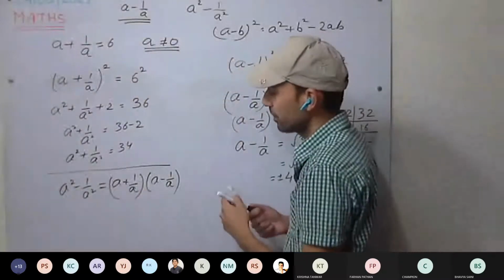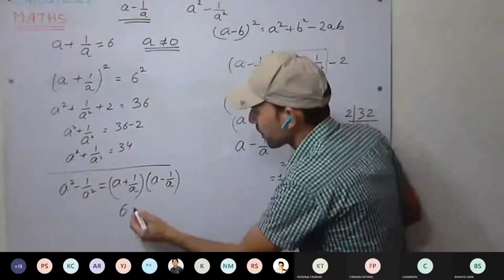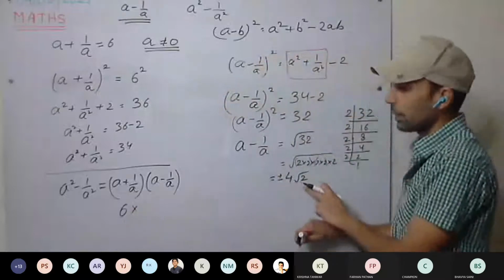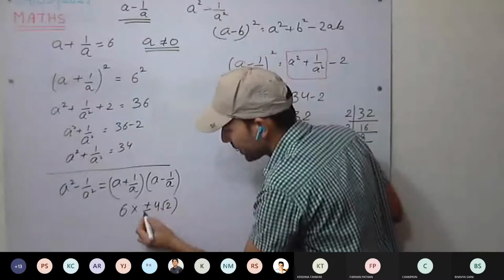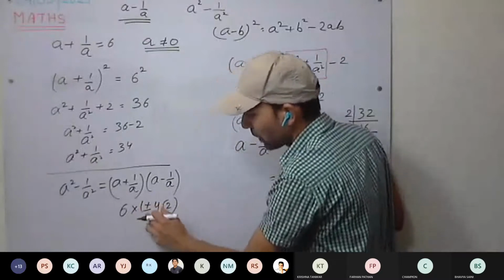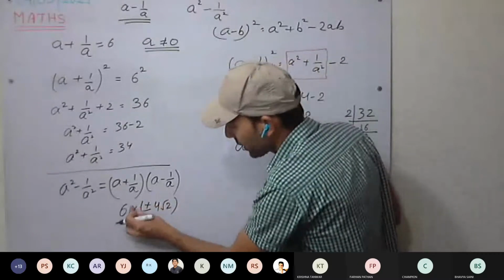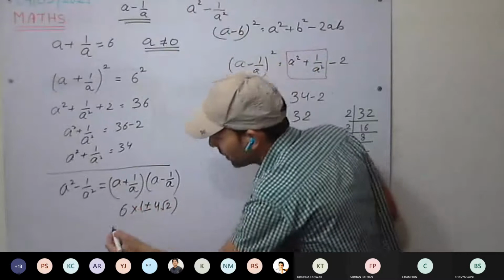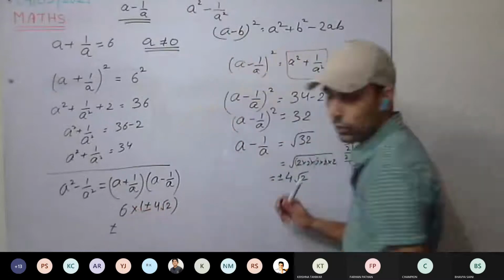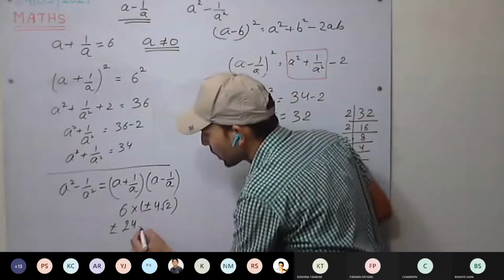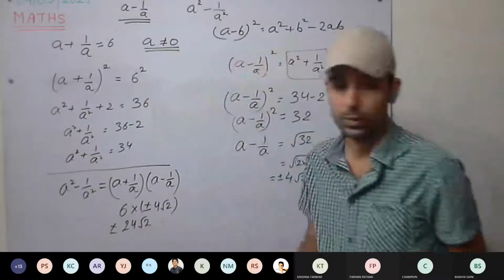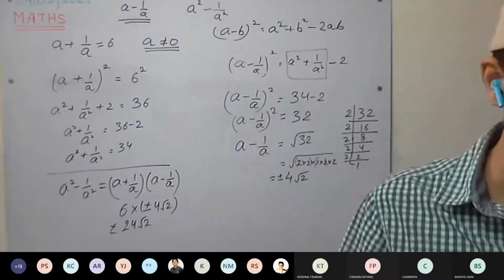It's given in the question. 6 into a minus 1 upon a, plus minus 4 root 2. And since 2 are there, we put the bracket to highlight that it is multiplication between these two numbers. So it will be plus minus 6 times 4 root 2. How much? 24 root 2. This answer you're getting, all.